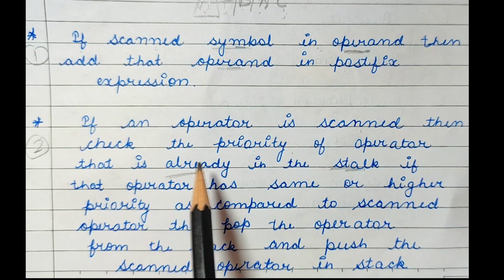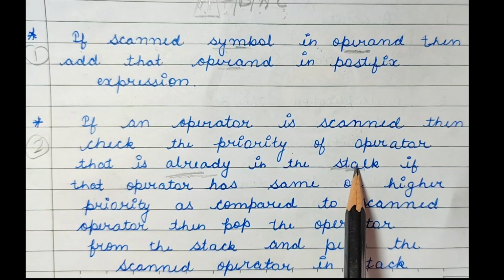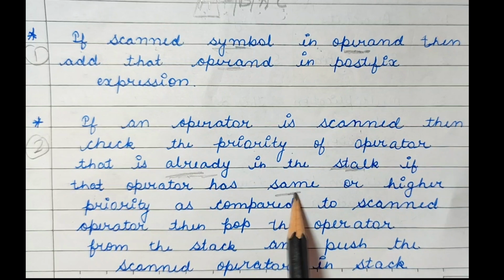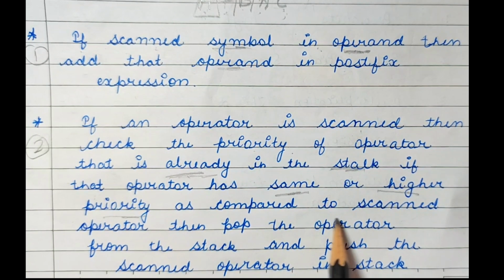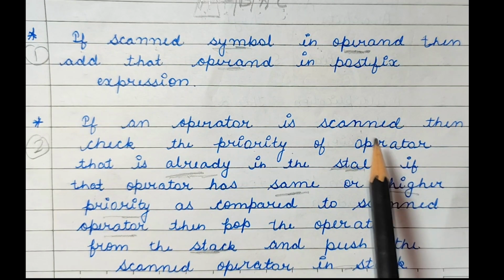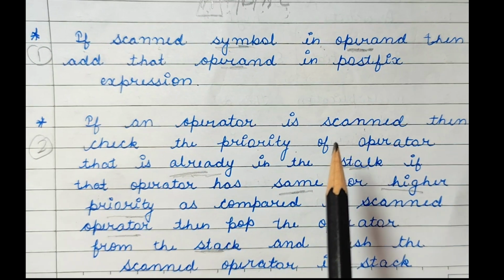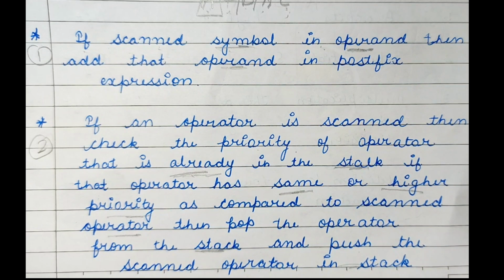If the operator in the stack has the same or higher priority as compared to the scanned operator, then pop that operator from the stack and push the scanned operator in the stack. Now we will discuss this rule number 2 using an example. So just wait, when we discuss by example, at that time it will be clear.